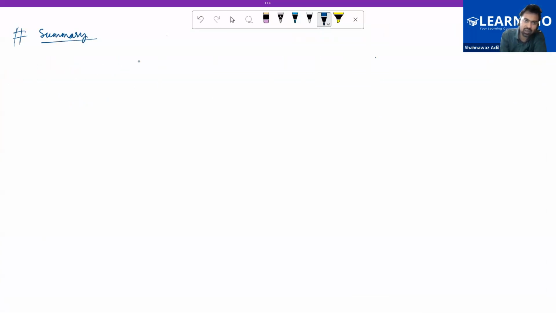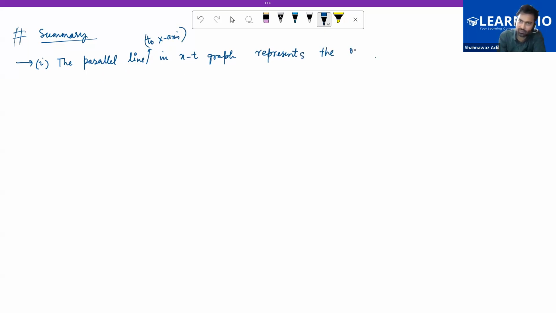We have an xt graph. A parallel line in an xt graph, parallel to the x-axis, represents the object at rest.